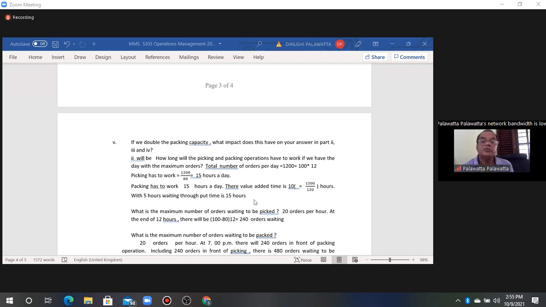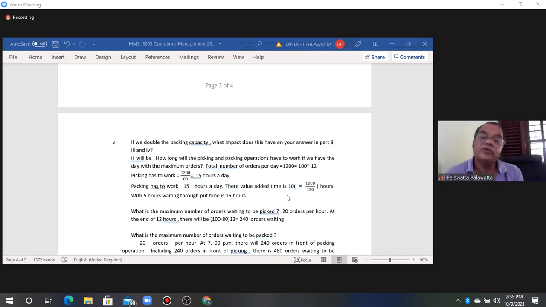And then all picking orders are completed after 15 hours. And then the packing operation is working fast. But then the actual work required by packing is 10 hours to operate 1,200 orders.